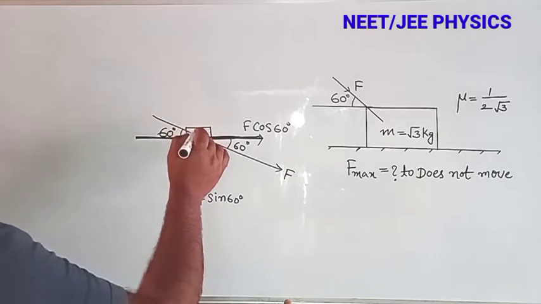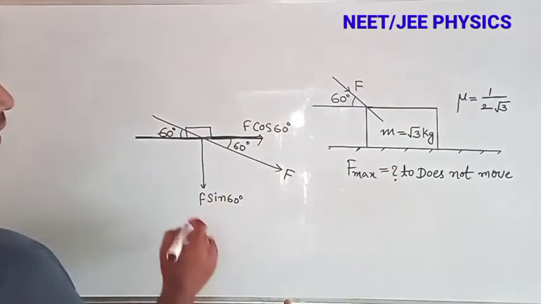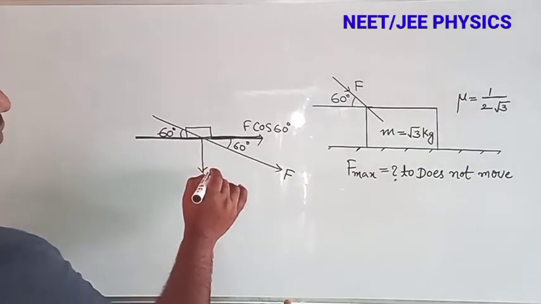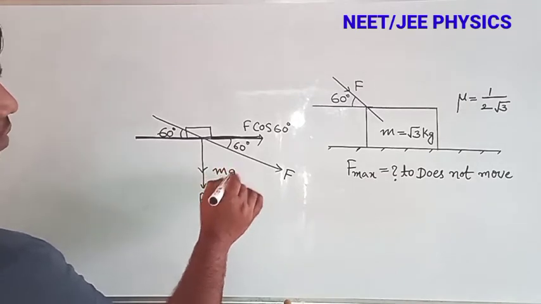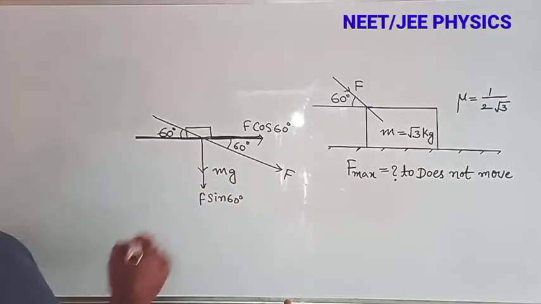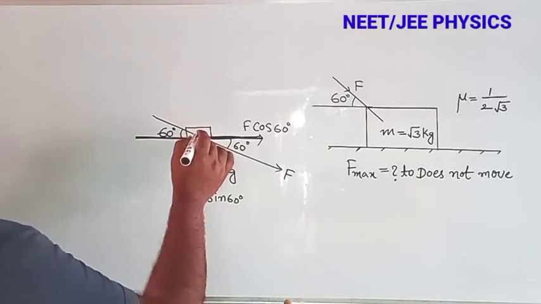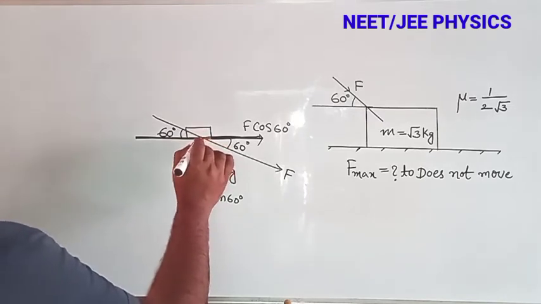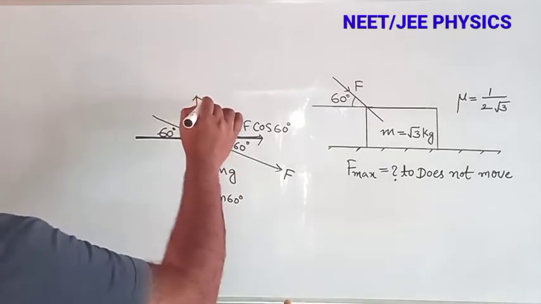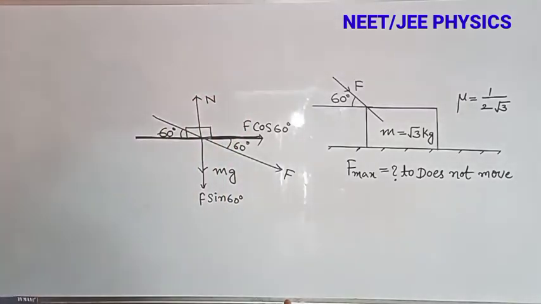Now on this block, weight is acting downward, which equals mg. At the same time, due to the earth surface, a normal force N acts upward.